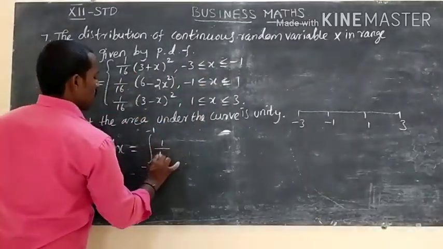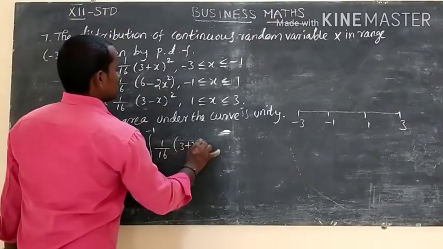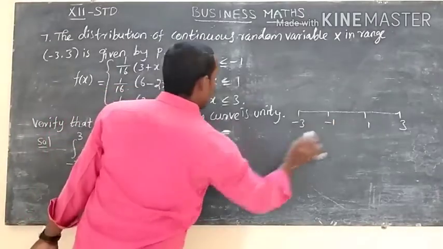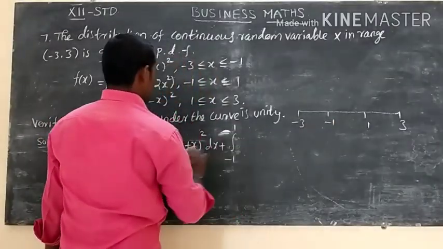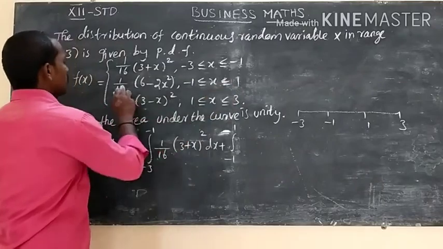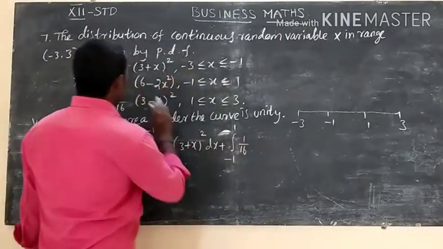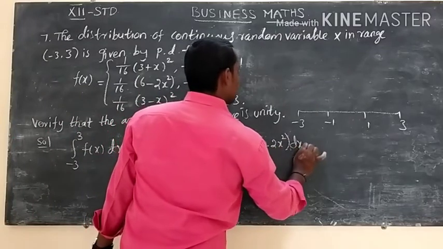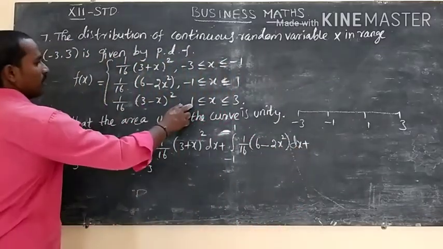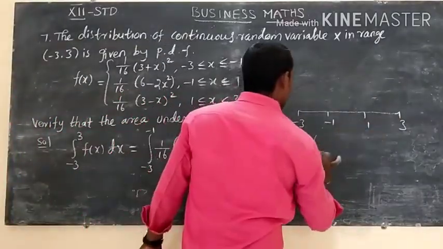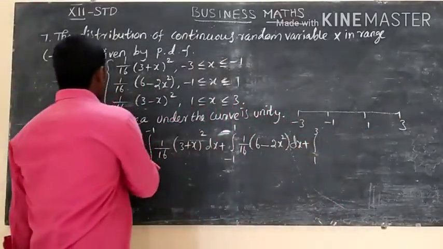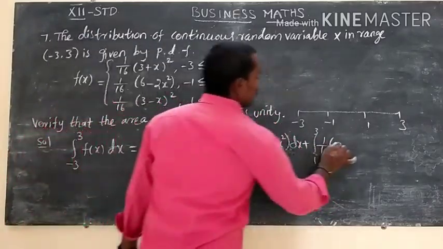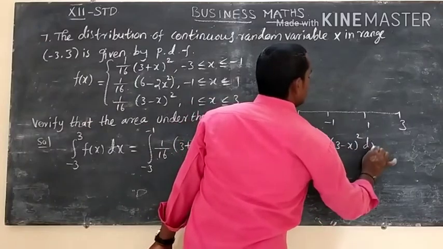We have 1 by 16 into 3 plus x the whole square into dx, plus. Next the limit minus 1 to plus 1. The f of x value is 1 by 16 into 6 minus 2x square into dx, plus then 1 to 3. Okay, integral 1 to 3. The f of x value is 1 by 16 into 3 minus x the whole square into dx.